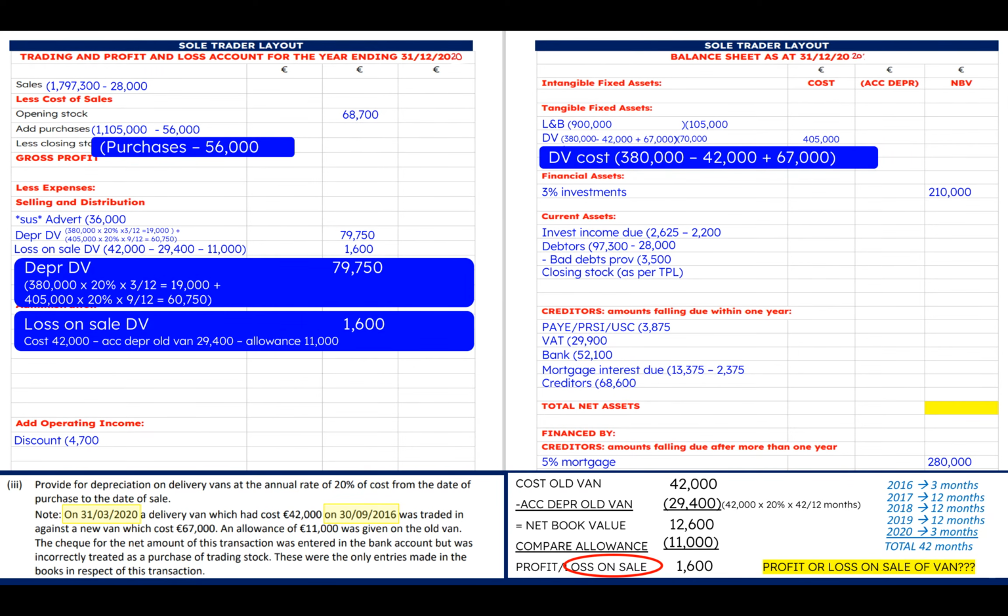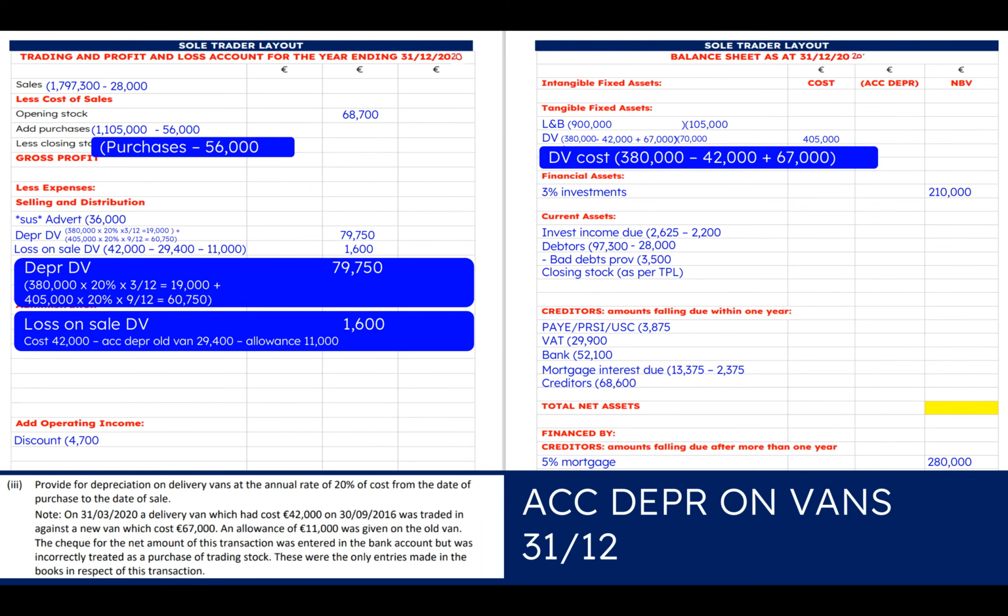We've got one last thing to do, and that is to work out the accumulated depreciation in the balance sheet. Based on these 405,000 worth of vans, how much have they depreciated since the sole trader has had them? There's going to be the 70,000 that they had originally from the trial balance.